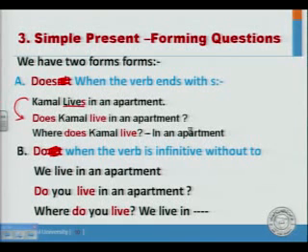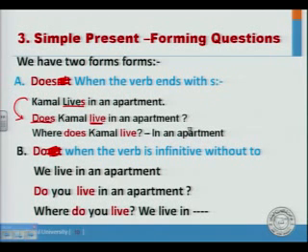Lives. We want to form a question. We ask, does Kamal live? You see, the S is here. And when we have, we live, we form a question: do you live?